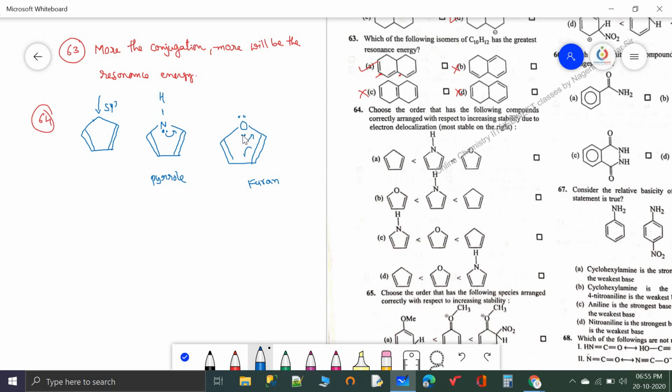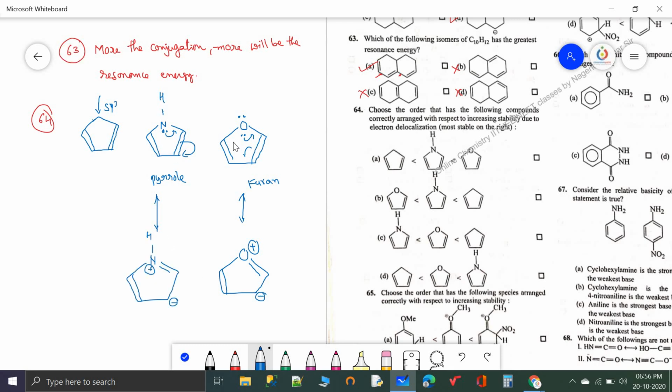See, after the loss of the resonance, these lone pairs of electrons shift towards this side. So this molecule will get this structure, with a negative charge and a positive charge. And in this case, if these lone pairs participate in the resonance, the structure will be like this.